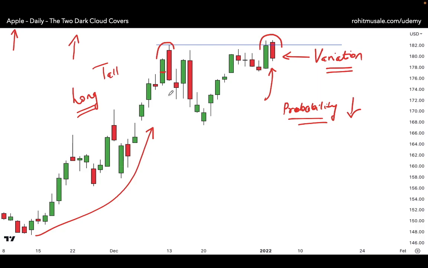You don't have to think twice before concluding that the second candle has closed below that midpoint. But here you will have to measure, zoom in, and check where exactly the closing price falls relative to the midpoint of the real body. And remember, it's the midpoint of the real body, not the midpoint of the entire candle from the high to the low.